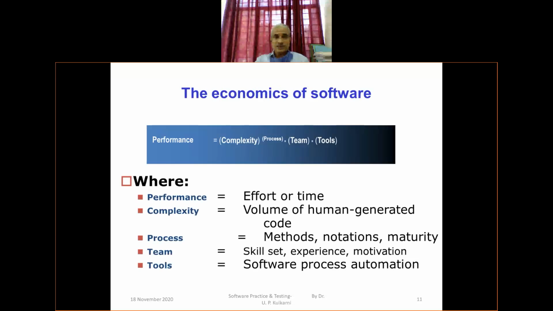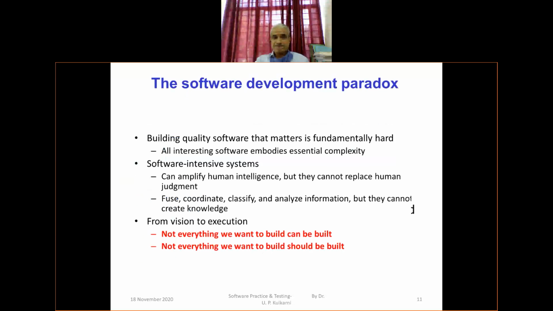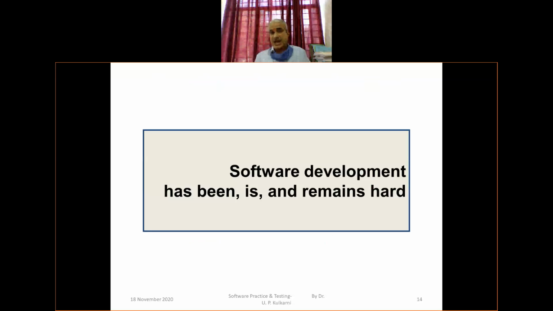Let me introduce some other terms. Software development has been, is, and remains hard always. Why does it remain hard? Because of the complexity. If people think that with their intellectual capability they can manage all the things, that's very difficult, so it becomes unmanageable.